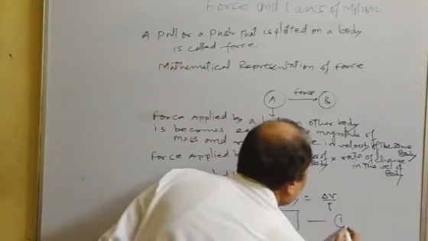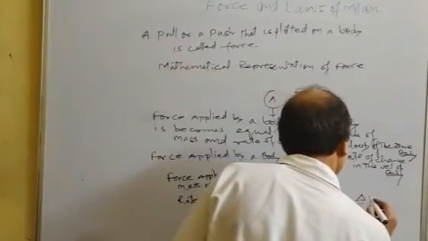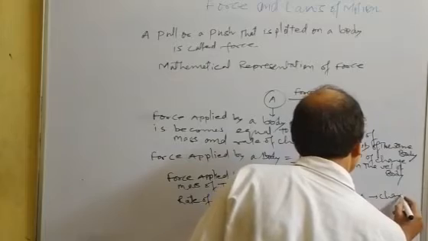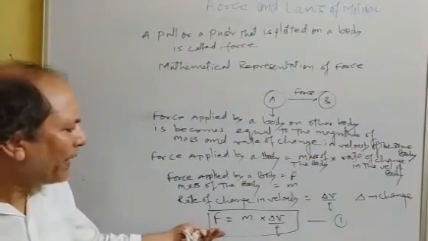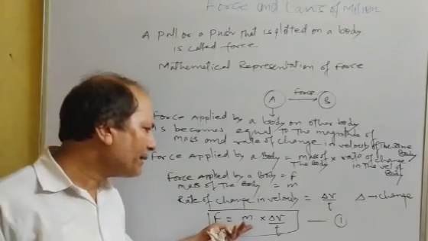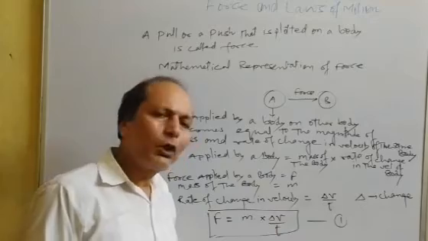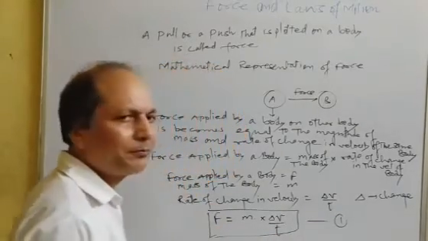Suppose this is equation 1. Here delta means change. So force applied by a body is equal to the magnitude of the mass and the rate of change of velocity of the same body.